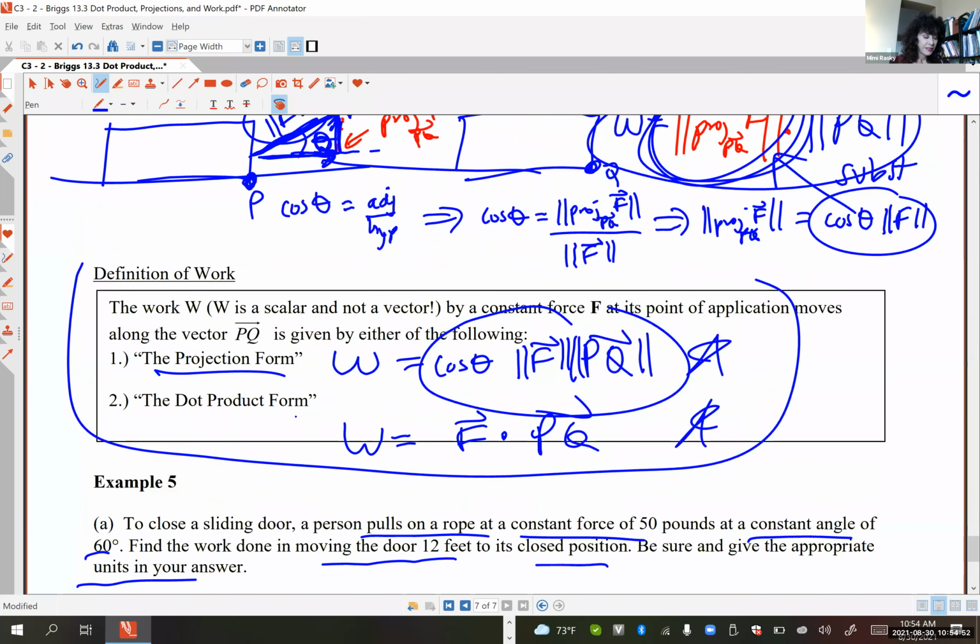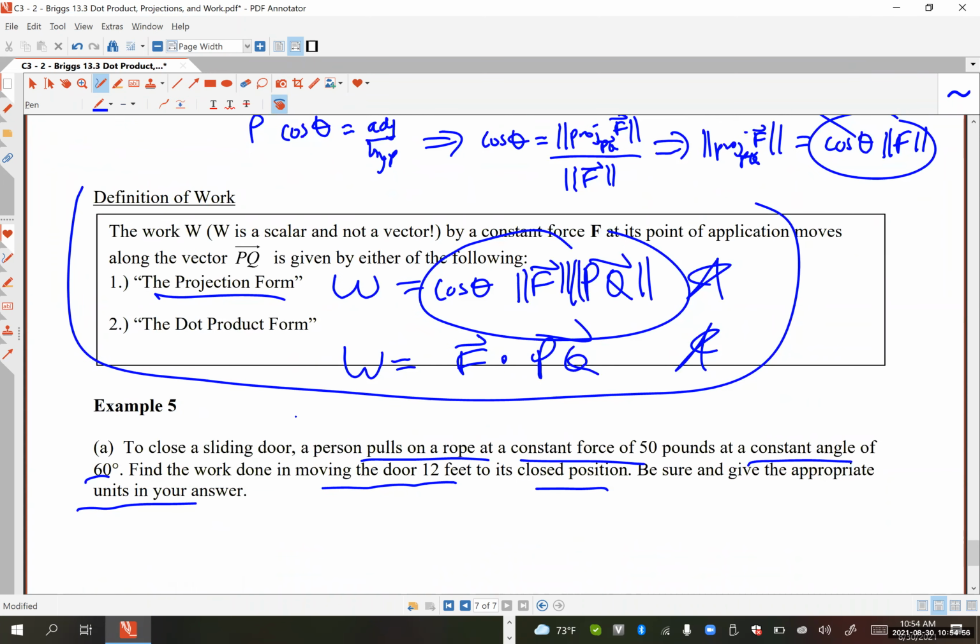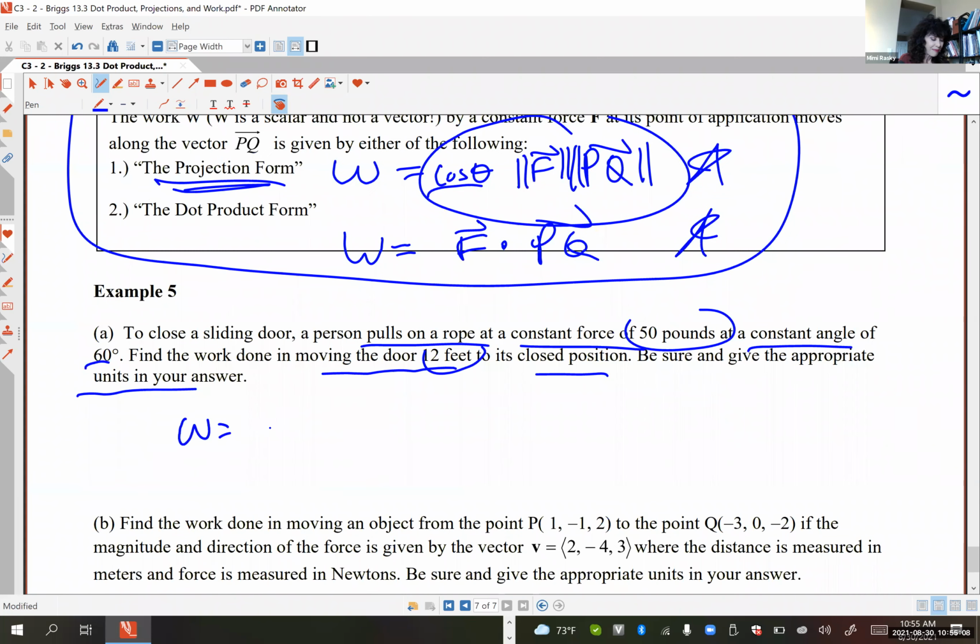Any ideas on which definition should I use? One or two? Yeah, how'd you know? 60 degrees. Good, yeah, they gave you an angle and they gave you some magnitudes, 50 pounds and 12 feet as a distance. So you're like, yeah, I'm going to go cosine 60 degrees times 50 pounds times 12 feet.